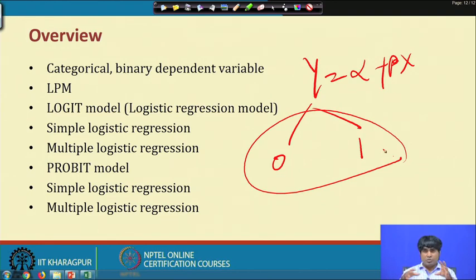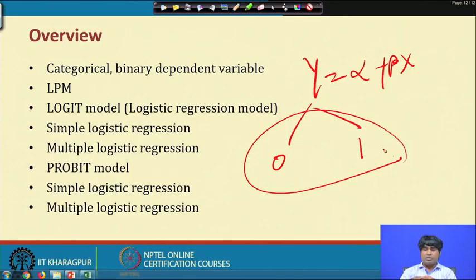So, that is how we have two different options while using the linear probability model and nonlinear probability models. In the case of linear probability models, the information will be 0 and 1 only. If there is no 0 or 1 but in-between content, then you can use either the logit model or the probit model.